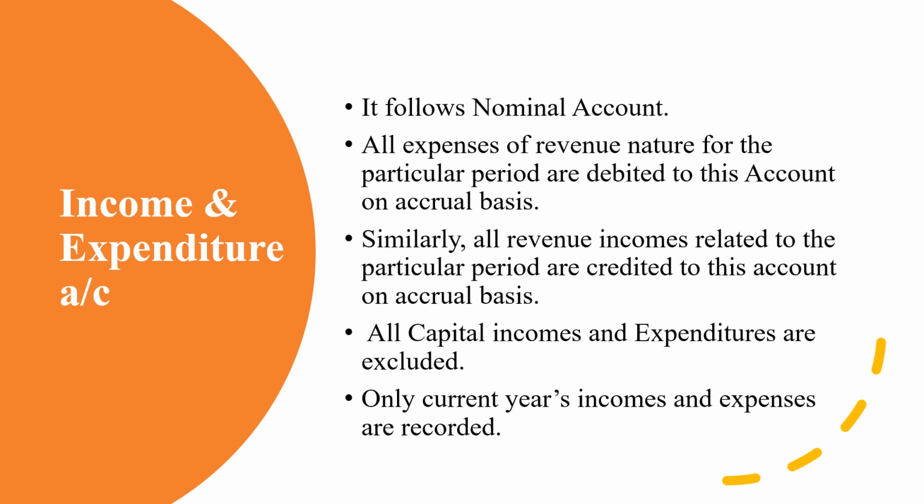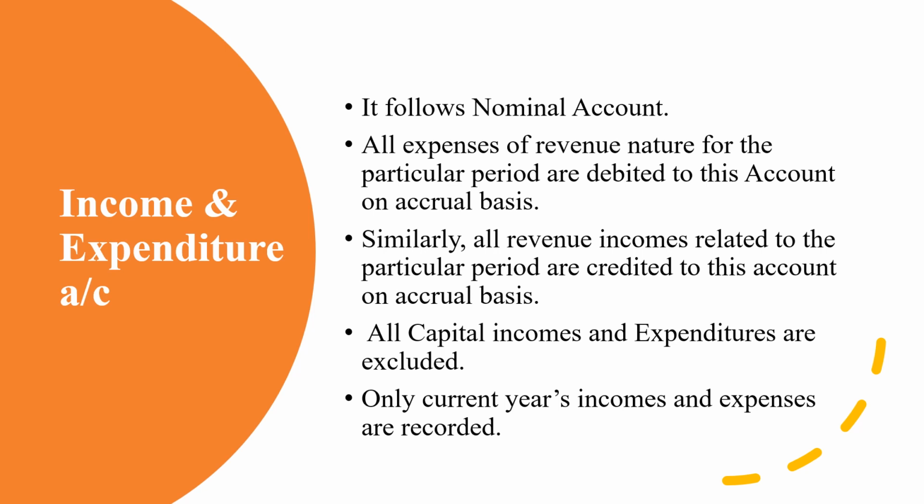Please remember, the name of the account says income and expenditure, but expenses are debited and incomes are credited. This account does not have anything like the receipts and payments account to start with. It does not show any opening or closing cash balances. It directly starts with the expenses and incomes.